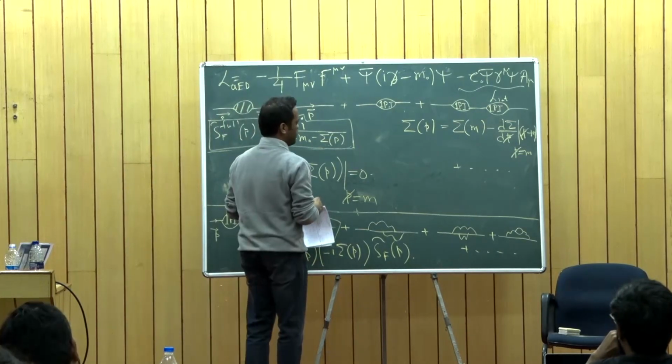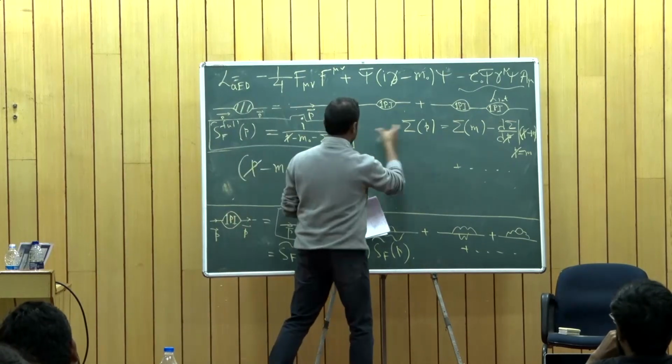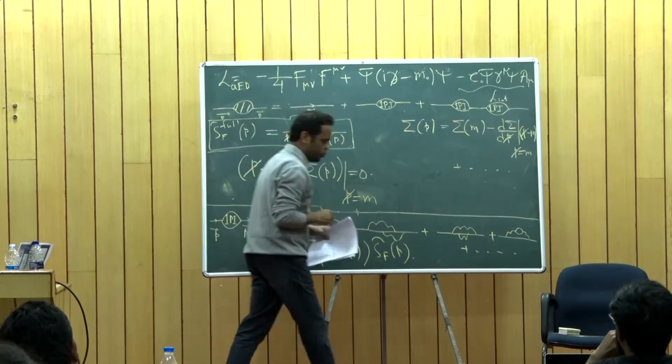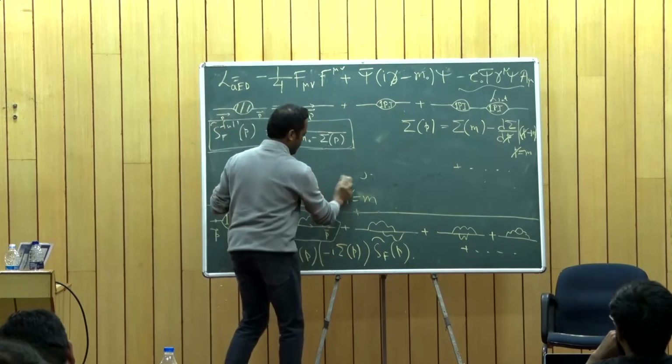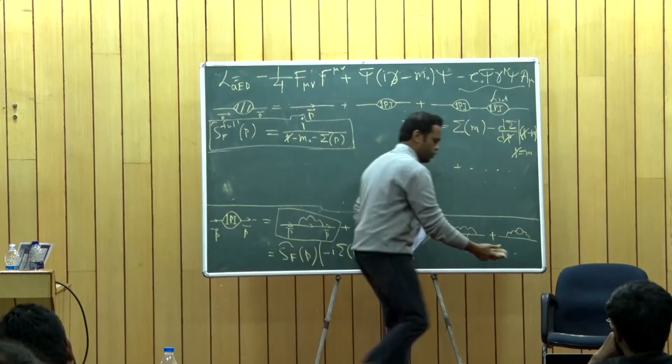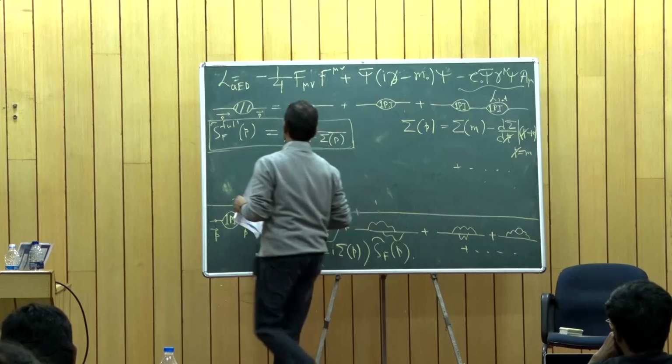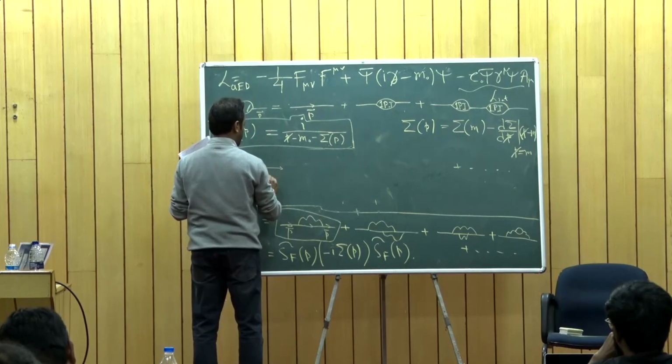And then if you just substitute this here, this particular quantity near the pole will look something like this. So keep this relation in mind.